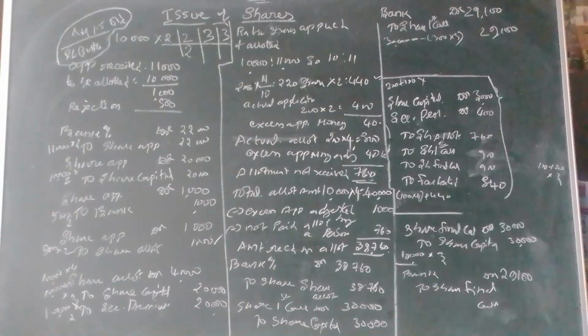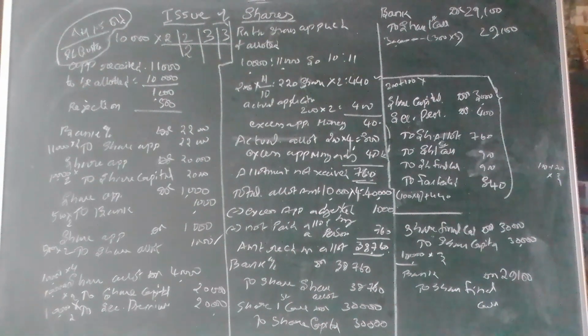Of course, I have already explained this based on the problems we solved previously. Once again, for this problem, I am explaining the working. So shares to be allotted is 10,000, whereas applications received is 11,000. So the ratio between shares applied and shares allotted is 11:10.